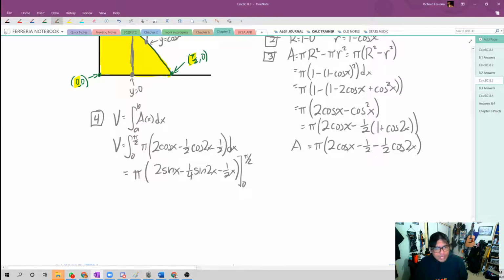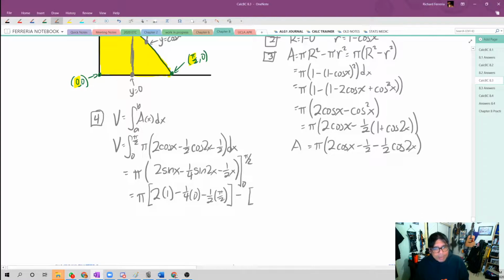All right, I think we're ready to substitute things in here. So this is going to be pi times (2 times sine of pi over 2. Sine of pi over 2 is 1. Minus 1/4 of sine of pi, which is 0. Minus 1/2 multiplied by pi over 2. So that's my first substitution.